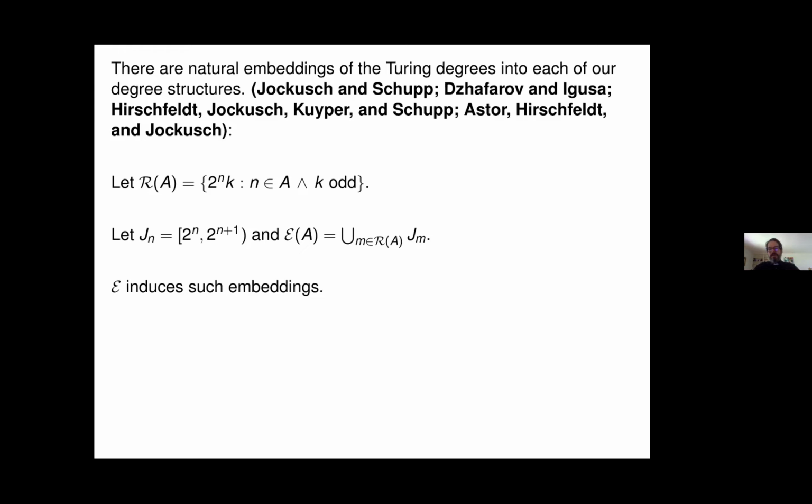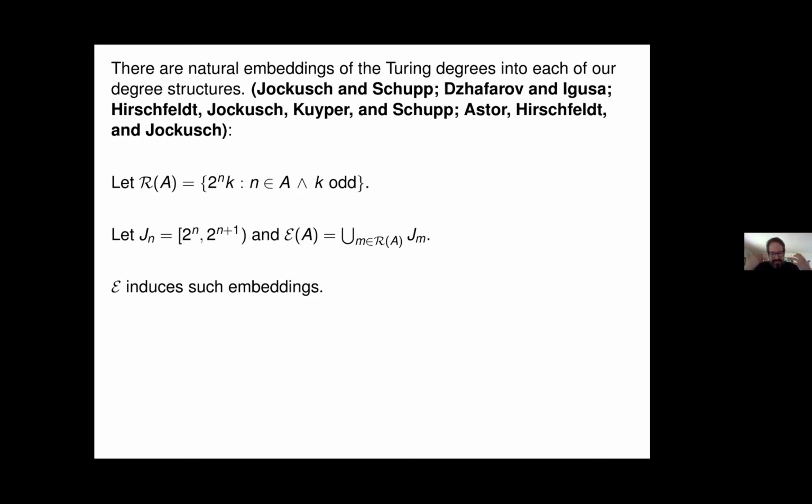So now you've coded things very redundantly, and you need to prove it, but hopefully it's believable that if I give you any coarse description or generic description of this set, I can recover the whole set. And in fact, I can do it even in a uniform way, in a sense. So that's the embedding.